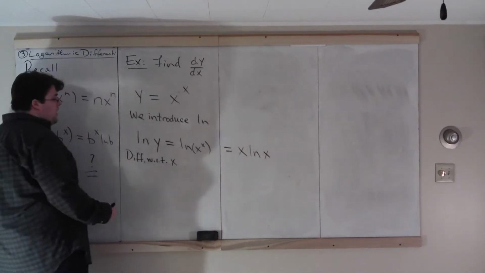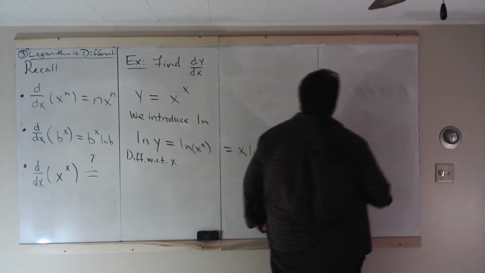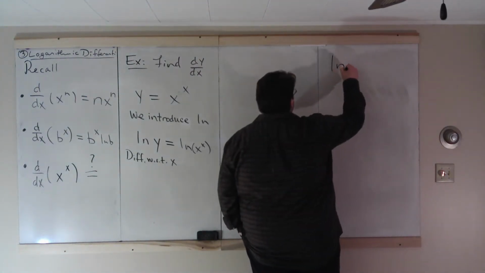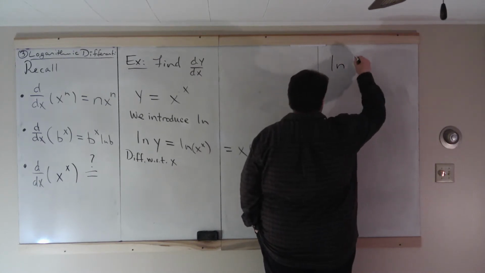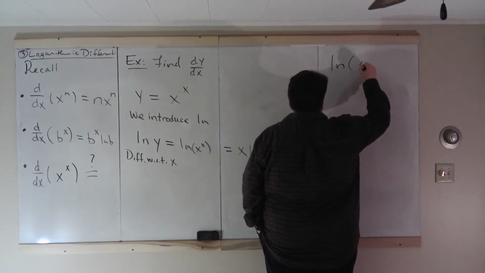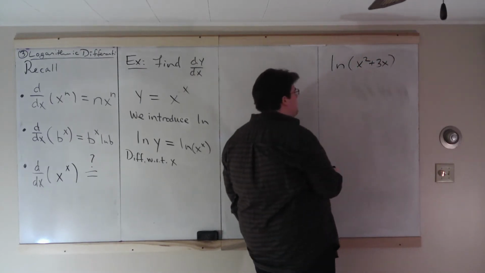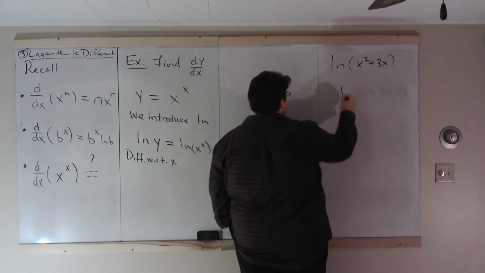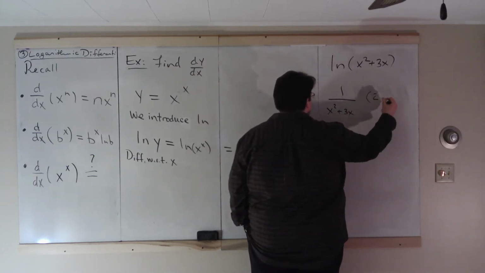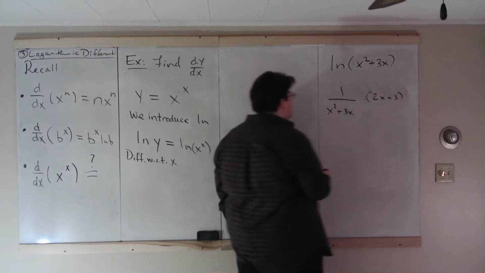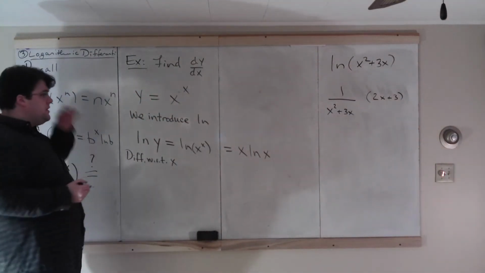And what do we get? Well, what do we get on the right side? Work: what is the derivative of log of x squared plus 3x? Well, it's 1 over x squared plus 3x times 2x plus 3. So it's 1 over x squared plus 3x times the derivative of the inside.